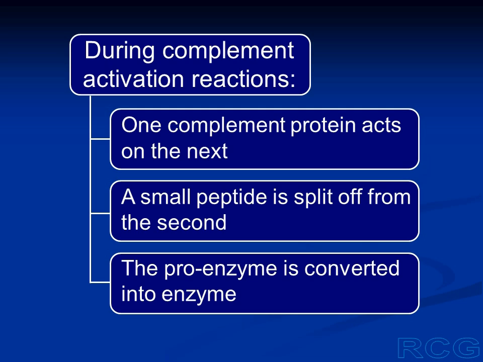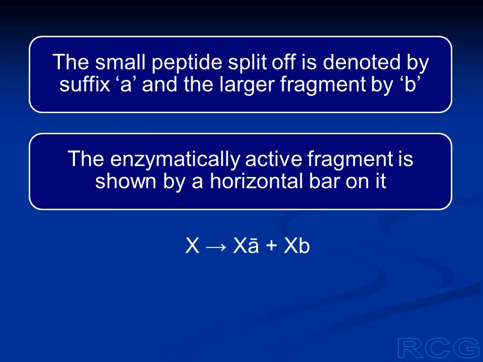A small peptide is removed from this protein, and the proenzyme form, which is inactive, is converted into the active enzyme. Now, when a small peptide is removed from a protein, this small peptide is shown by the suffix A, and the larger fragment is shown by the suffix B. In most cases, the larger fragment is the active enzyme form of the protein.